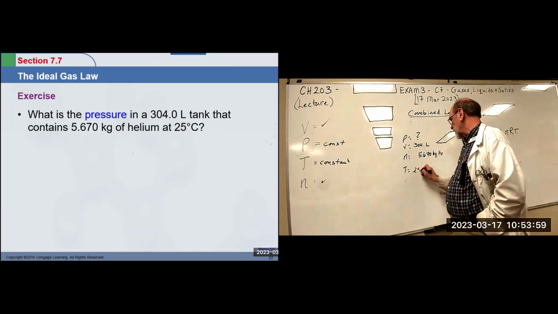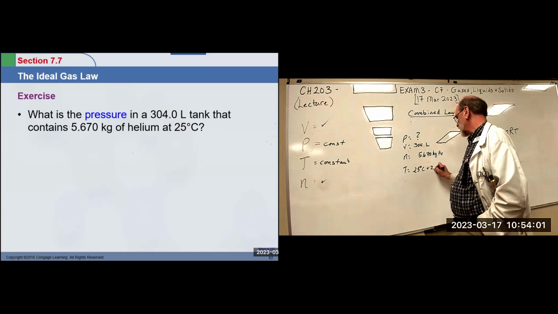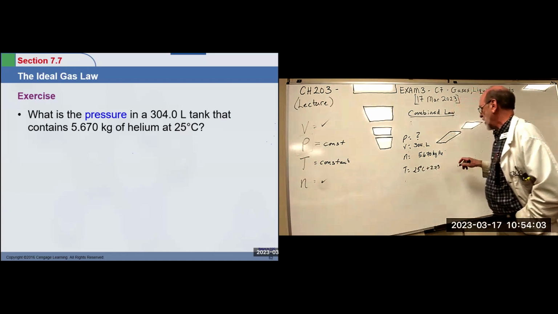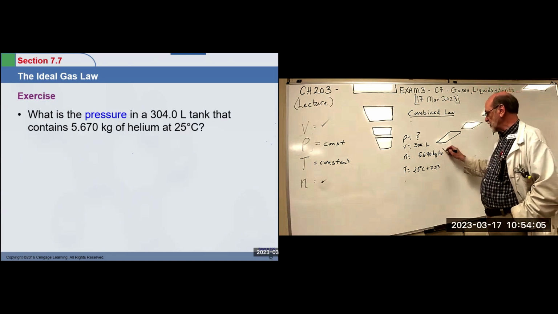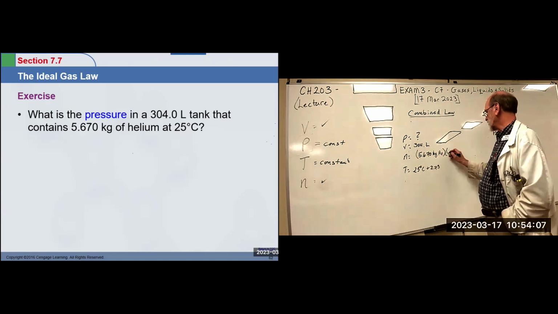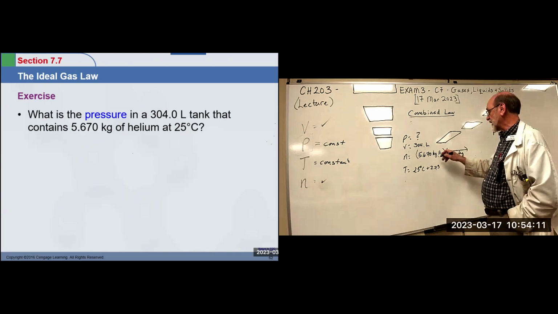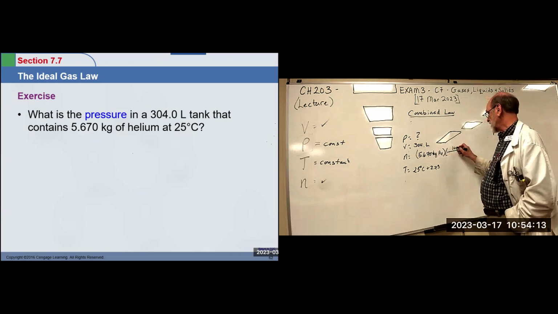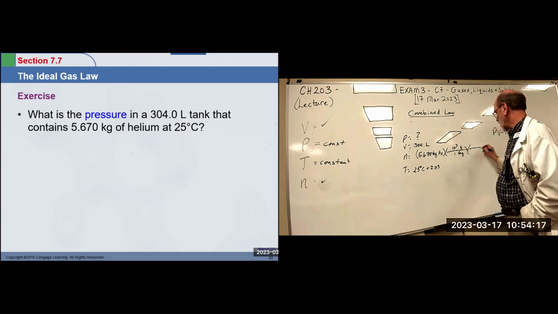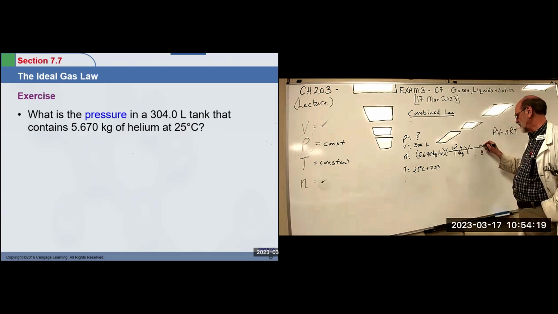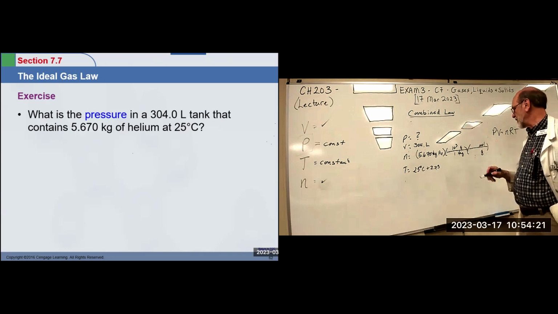And 25 degrees C. That's plus 273. Okay, so we've got to convert this to moles. Remember how to do that? Dimensional analysis. We have to make grams first. So 10 to the third grams per kilogram. Okay, then we have to convert grams to moles. So for helium, it's about 4.